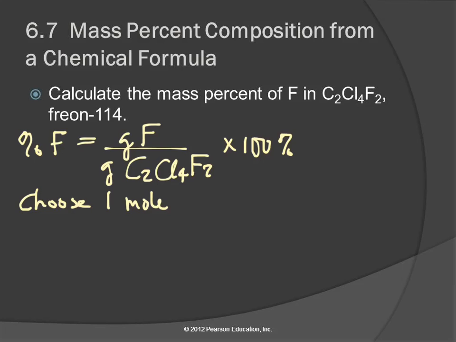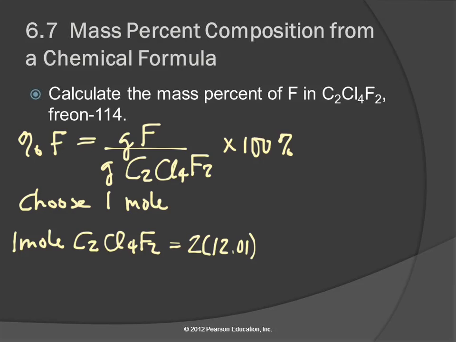So then we need to find the mass of 1 mole of the compound. That's the whole thing, that's what goes on the bottom, right? So 2 times the mass of carbon plus 4 times the mass of chlorine plus 2 times the mass of fluorine.